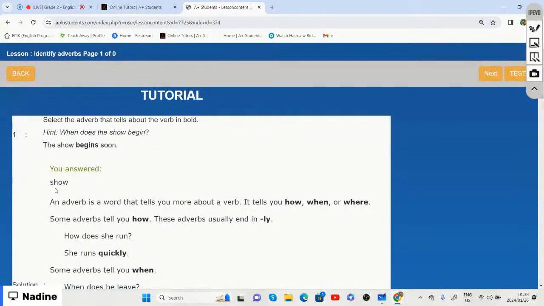So now we're going to identify adverbs, right? It says we need to select the adverb that tells you about the verb in bold.